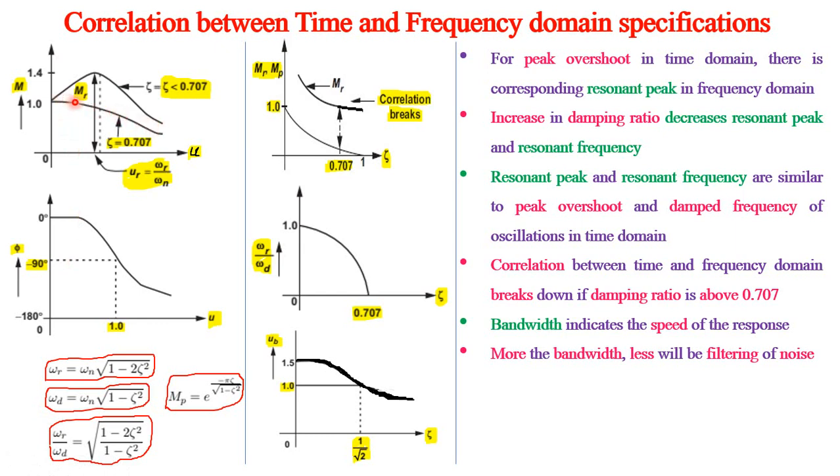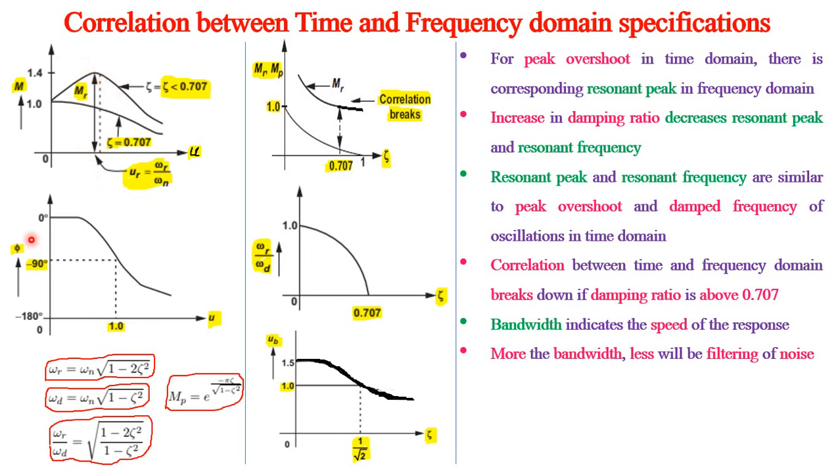So it is simply monotonically decreasing. Here it attains the peak, then it goes like this, because we have already seen that it is going to attain the resonant frequency at a particular value. So that value is this frequency magnitude, that we can verify using the relation that I have already shown in the previous slide, that M is equal to that.